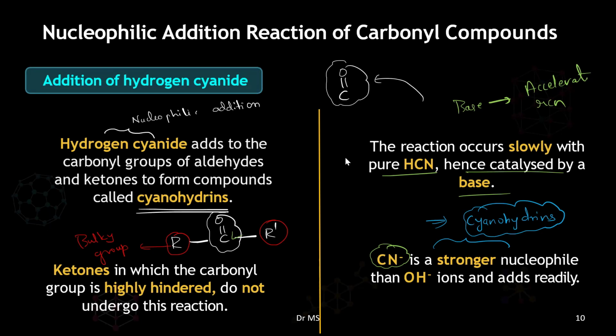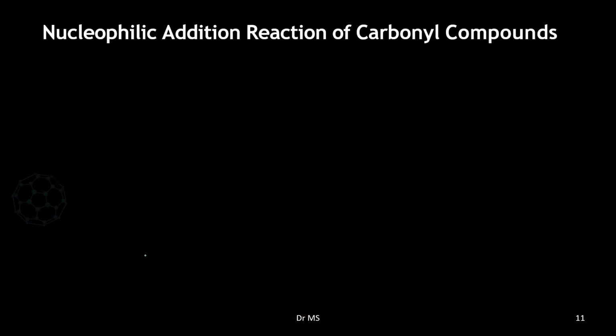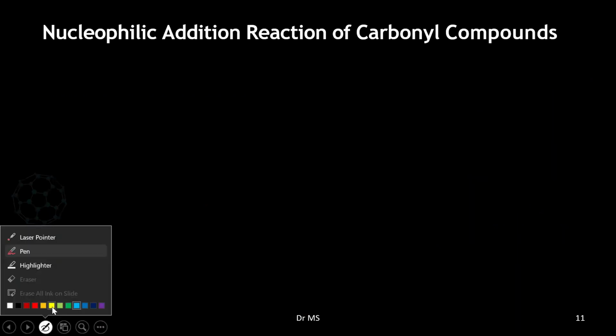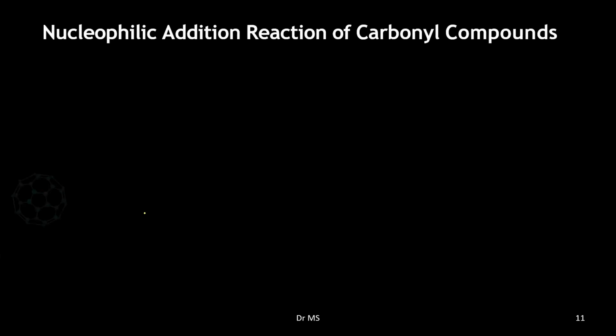Okay, guys. So let's see how the mechanism happens. First, suppose you take HCN, and when it reacts with the OH minus hydroxyl group, it results in formation of CN minus plus water.